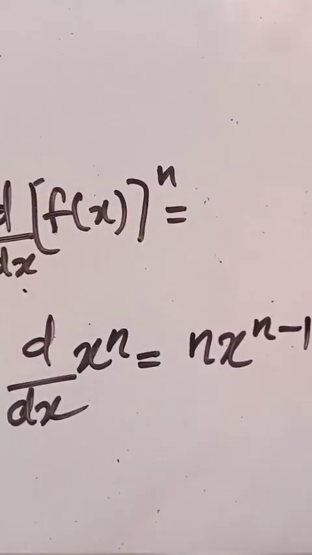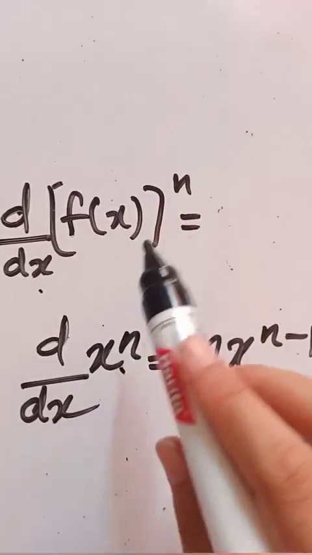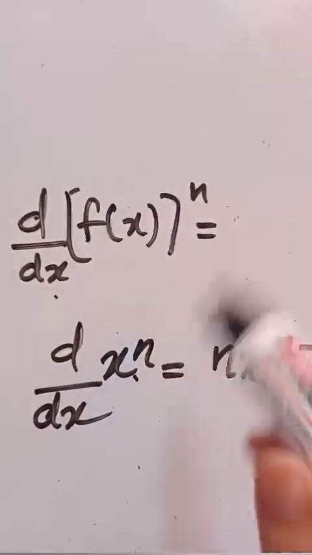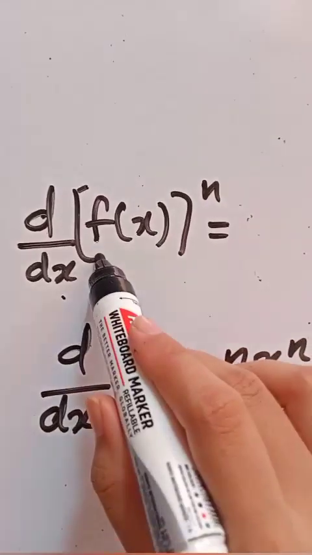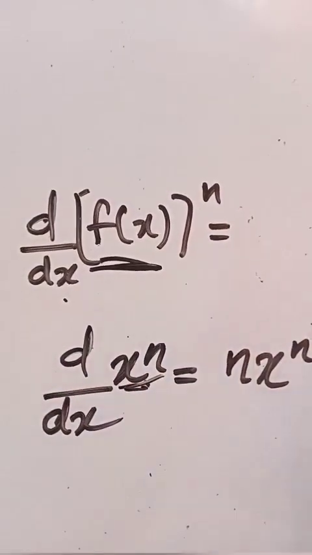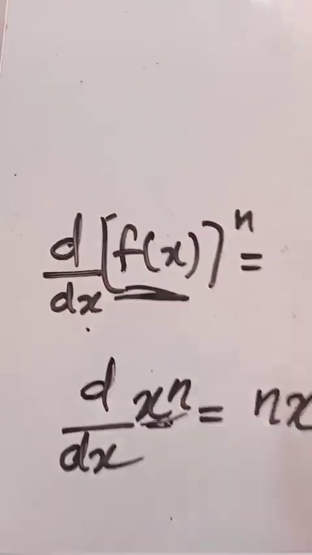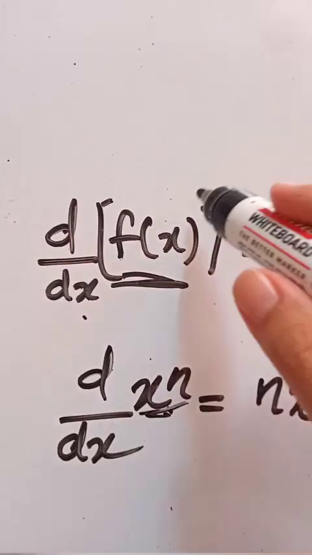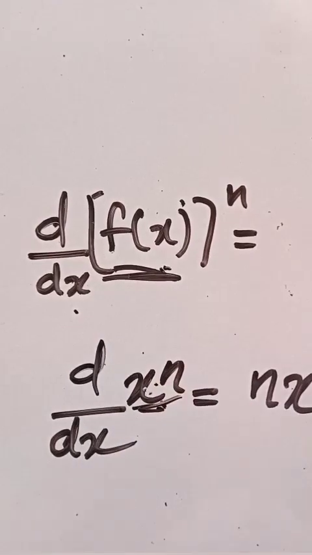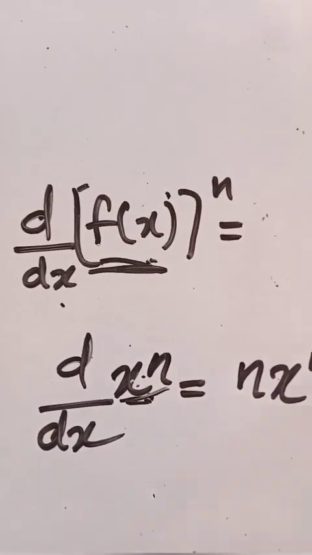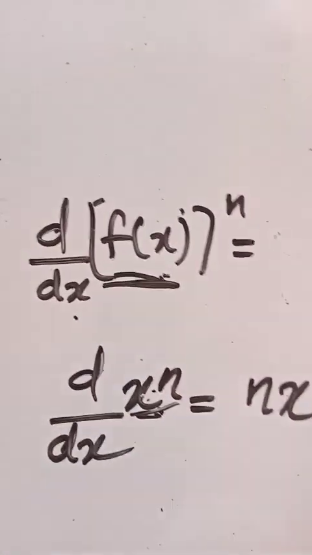This is the formula we learned here. Compare this to this one. Instead of x raised to n, here f of x is used. So how to differentiate this one? Here a function of x is used, whereas there a term x is used. So let's check how to differentiate a function of x.